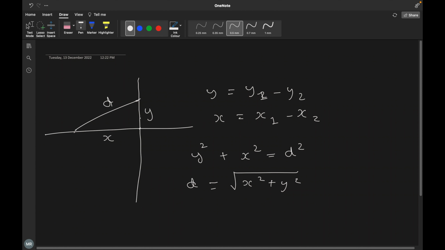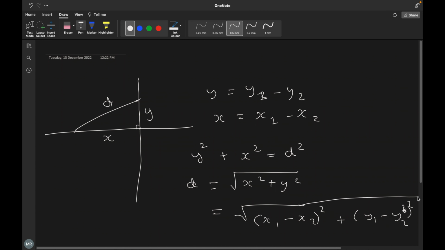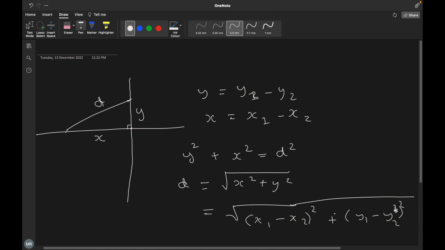Since this is a right angle triangle, and x is x1 minus x2, and y is y1 minus y2, if we substitute that back into this equation, we get the same thing that we wrote on the slide. So that's how this is derived. It's pretty simple. If you want to find the distance between 2 points, you use this formula. You could honestly use the Pythagoras theorem, but since you directly know this, this would be simpler.